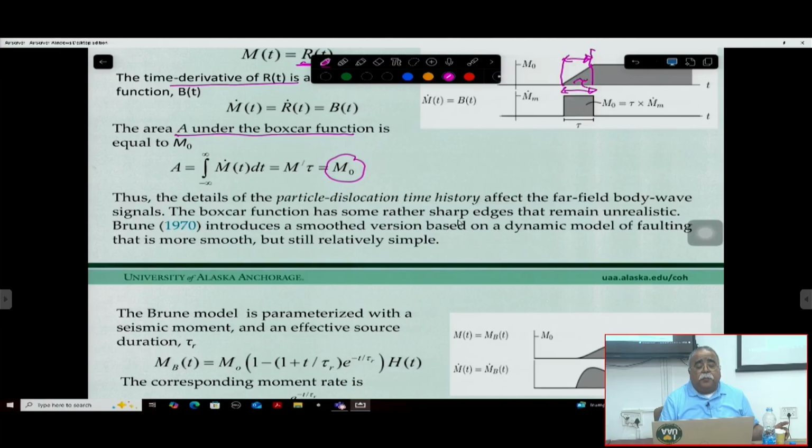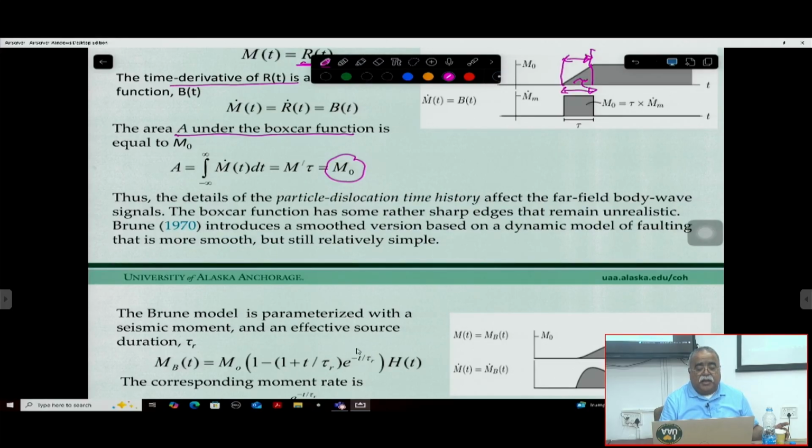Now, Brune, as I told you in your Fourier spectrum calculation also, this type of sharp edge will create a lot of numerical instability in the calculations, right? So Brune made a much smoother transition.